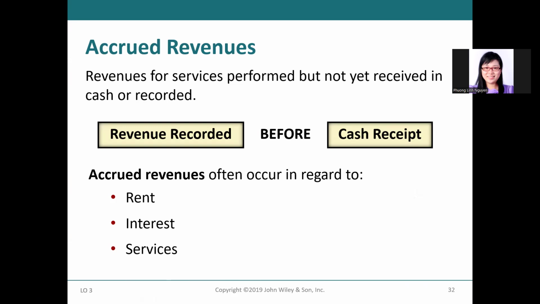We earn interest revenue, but we haven't got the money yet. And rent revenue happens when you let somebody rent your house or your building. The revenue is already earned, but the customer has not paid you yet. So we call it accrued rent revenue.